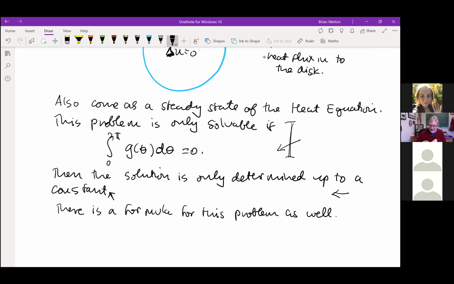not uniquely defined. This is really an analog of linear algebra ideas for symmetric matrices. If you have a symmetric matrix, that's the matrix A, which has an eigenvalue 0, and you're trying to solve A times X is equal to B, B has to be perpendicular to that eigenvector, right? That's this thing.